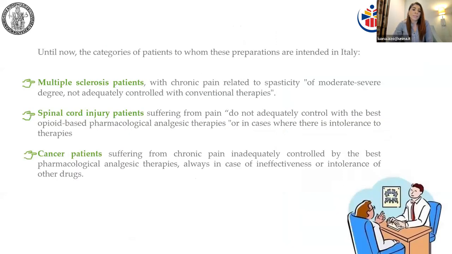So until now, the categories of patients for whom these preparations are intended in Italy are only 3: multiple sclerosis patients, spinal cord injuries patients, and cancer patients. Only three intended uses.